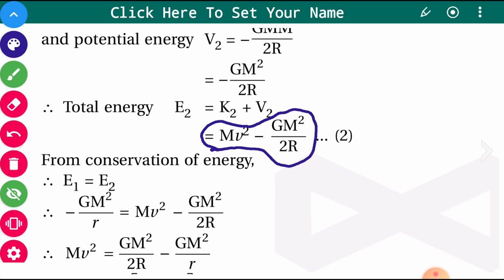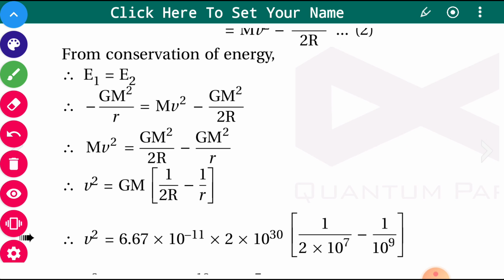Now from the law of conservation of energy, initial total energy and final total energy must be equal. So we compare the initial and final energies. Initial energy in the beginning was minus G m square upon r. Finally we have just calculated m v square minus G m square upon 2r.